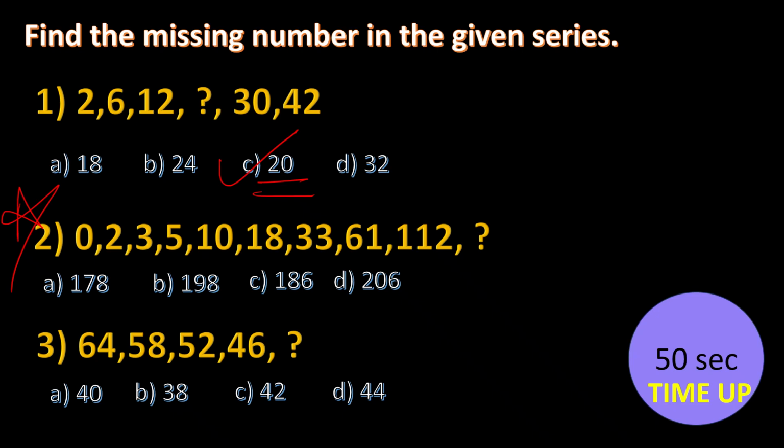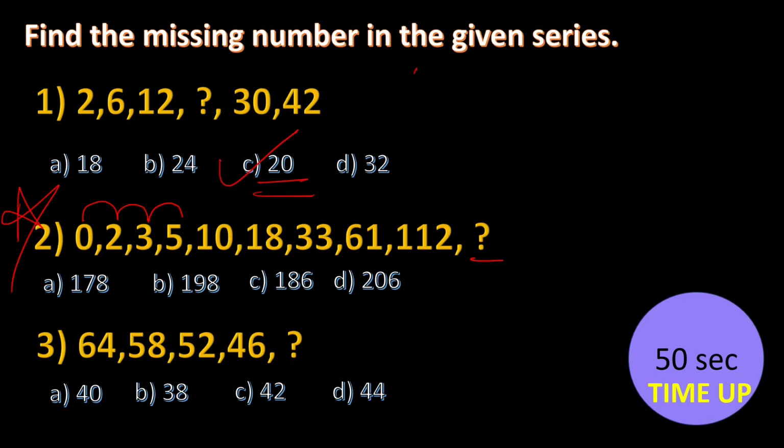So please note down this. At the last they have put the question mark. So what is the logic here? From 0 it is going to 2, then 2 to 3, then 3 to 5, and so on till 112, and then they have put a question mark. Correct? So what's the logic used here?